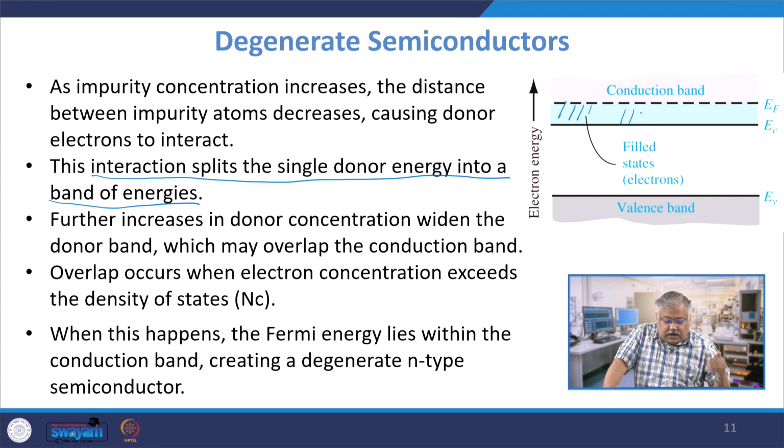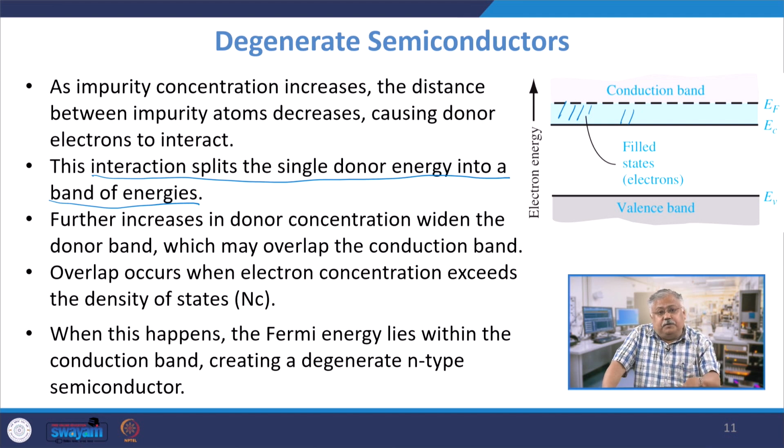Now, if you further increase the donor concentration, and go on doping with a very large number of dopant species, the Fermi level can actually go inside the conduction band, which means that even at 300 Kelvin without any external bias, you still have a large number of free charge carriers available.